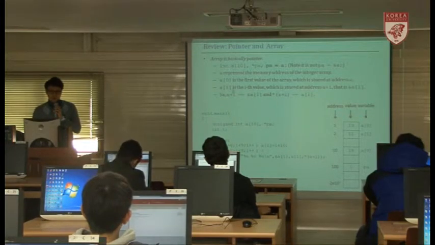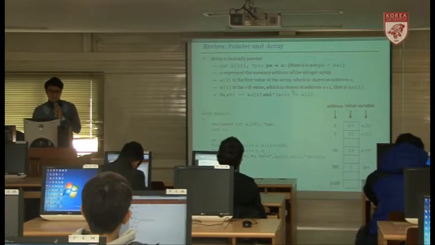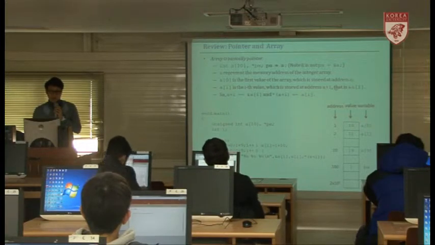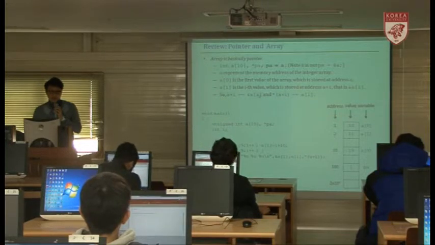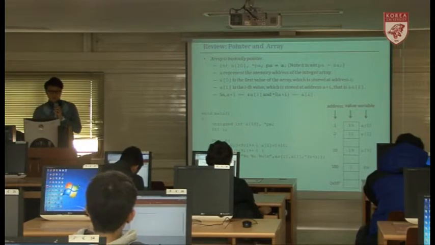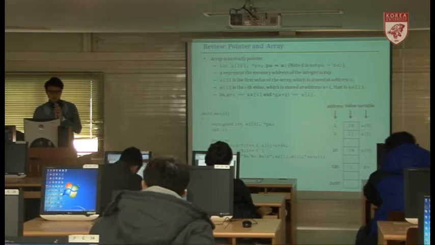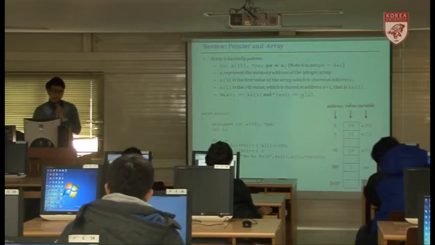Simply, in pointer terms, when we say A[i], that means the value stored at memory address A plus i. And that memory address is equal to the memory address of A[i]. So if we try to read the value at that memory address using the asterisk, *(A+i) is equal to A[i].